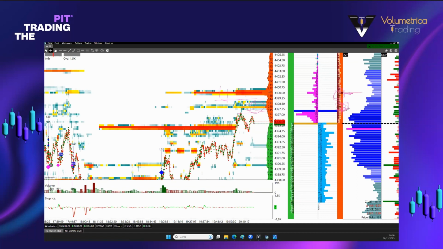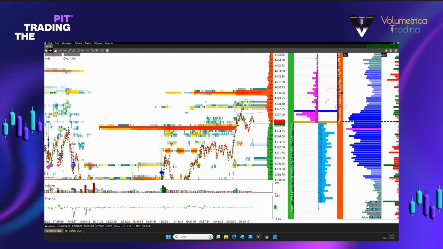90% of situations where we have a strong pool of passive orders tends to look more like this one rather than this one.